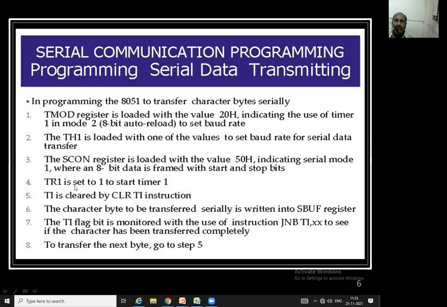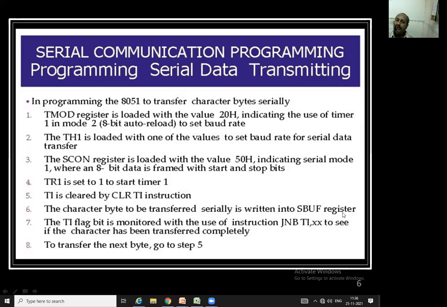Then TR1 is set to 1 to start timer 1. Timer 1 is started, because we have to send data serially one by one, so we have to set timer 1 in this case. Once the 8 bits are sent, TI gets set automatically, but we have to clear it, with the instruction CLR TI. Then the character byte to be transferred serially is written into the SBUF register.